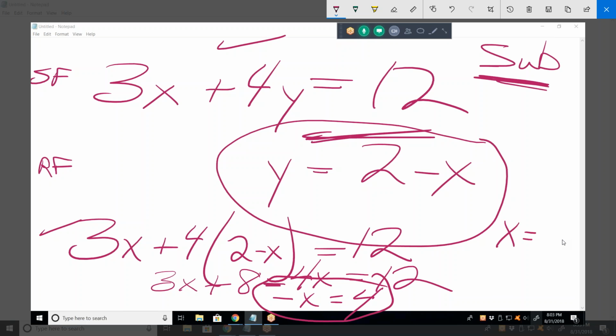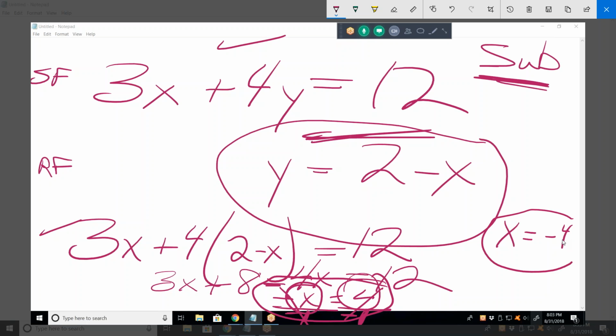So how do I get rid of that negative sign? I want to solve for x. I don't want to solve for negative x. In other words, what I'm going to do is divide both sides by -1. That -1 cancels out with that negative, and I'm left with x. 4 divided by -1 is -4.